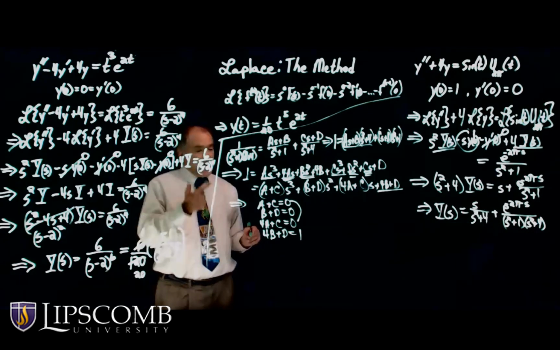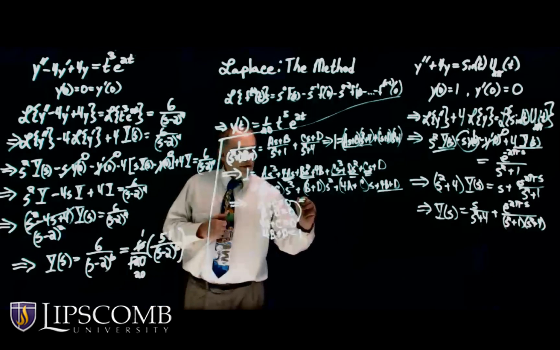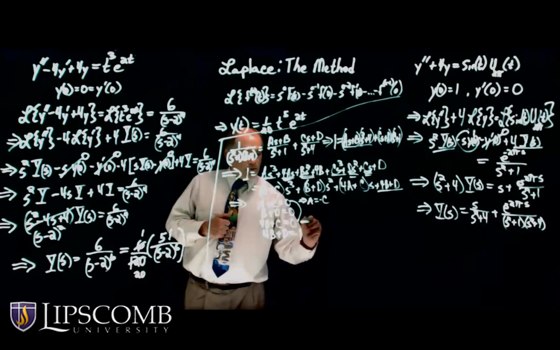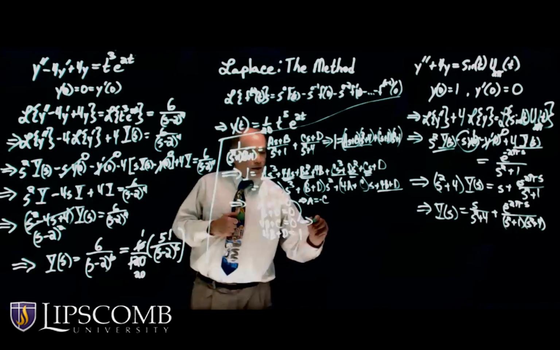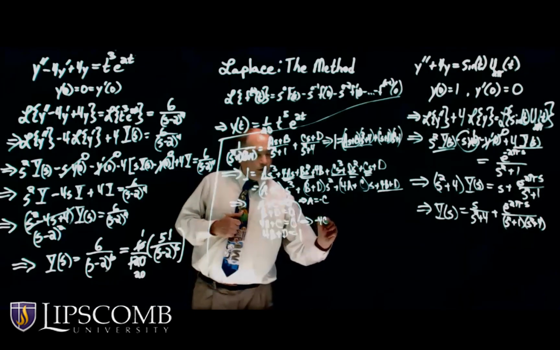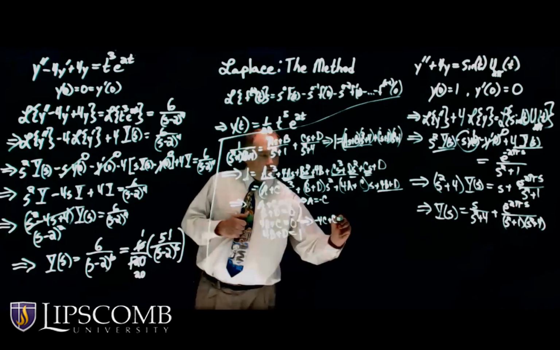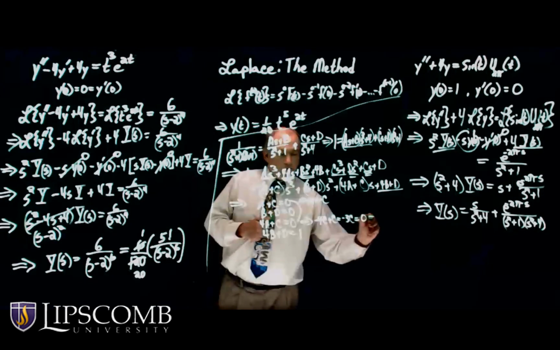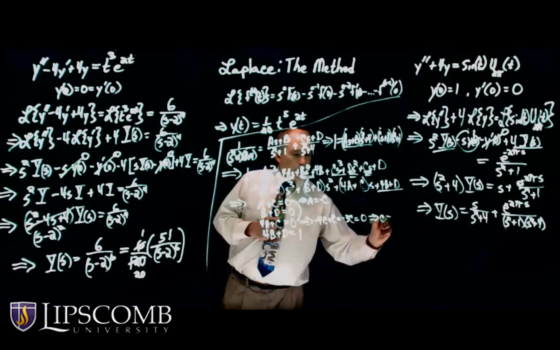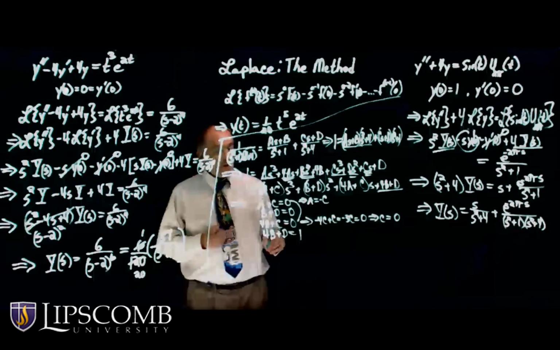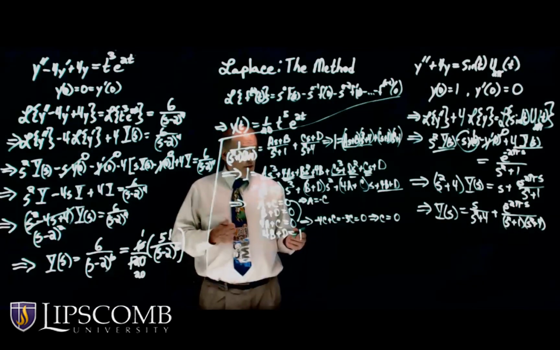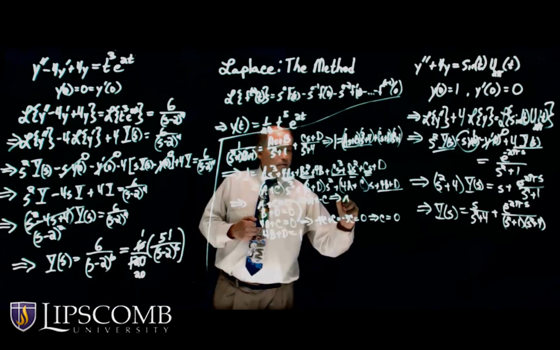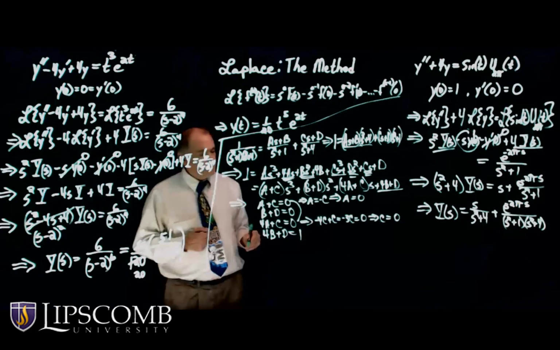They have an A and a C. So A equals negative C. So this one becomes negative 4C plus C equals negative 3C equals 0. So C equals 0. So if C equals 0, what does that mean? A equals 0. So that's nice.